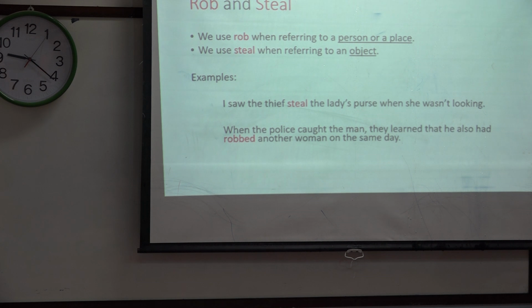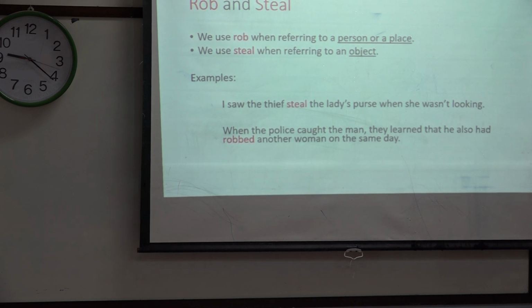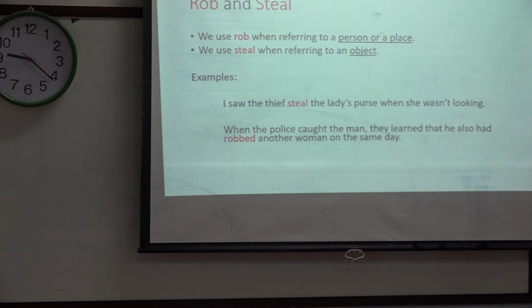Rob and steal. There's a difference. We use rob. Say that for me. Rob. That has two sounds in it that are difficult for Thai speakers, the R and the B. Rob. Yeah.